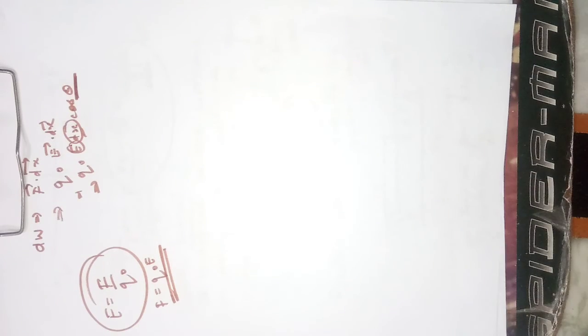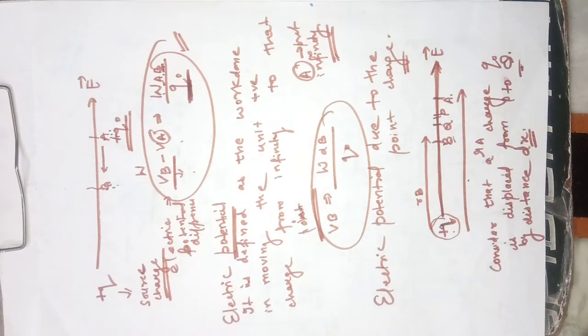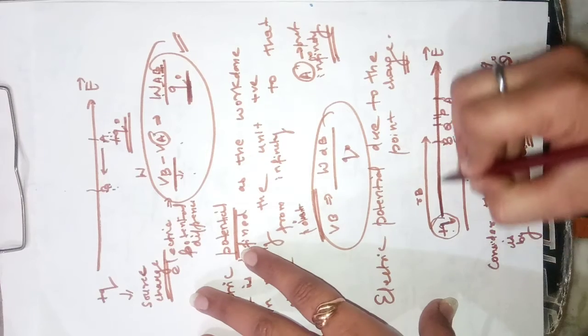Now, how will you determine the angle between E and dx, the electric field vector E and the distance dx? See here. Electric field is in this direction.